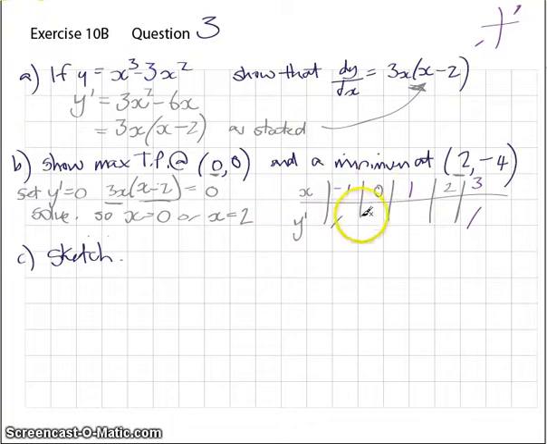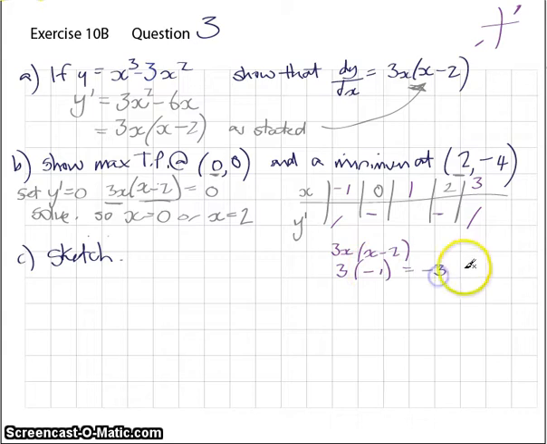I know that at 0 and 2 I've got flat spots. So all that's left now is to see if this point here in the middle is positive or negative. So I'm looking at the function 3x times (x minus 2), evaluated at the point 1, so this will become 3 times (1 minus 2), which is minus 3, which is very definitely negative, so it does this.